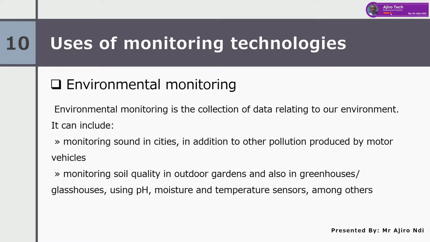Two, it could be monitoring the level of air pollution using what? The oxygen sensor and carbon dioxide sensor. The pH sensor can also help in this regard, as it can provide acidity readings, even to the extent of monitoring ultraviolet levels. An excessive amount can even cause skin cancer.